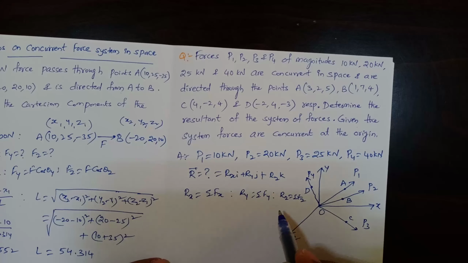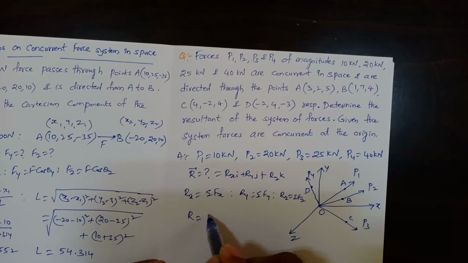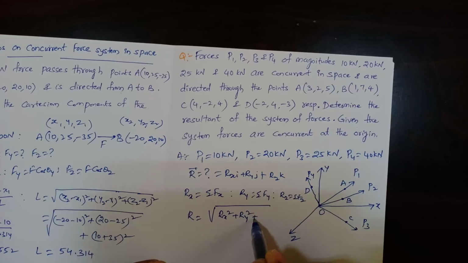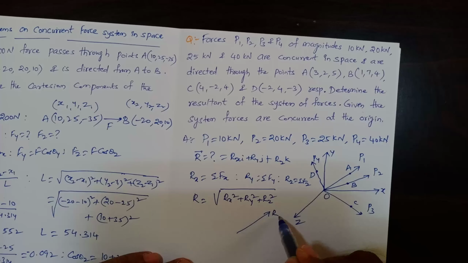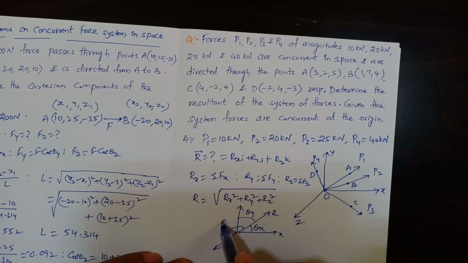Once you know Rx, Ry, Rz, then R is equal to the square root of Rx square plus Ry square plus Rz square. This is the magnitude. For direction, say it makes some angle theta x with the x-axis, theta y with the y-axis, and theta z with the z-axis.